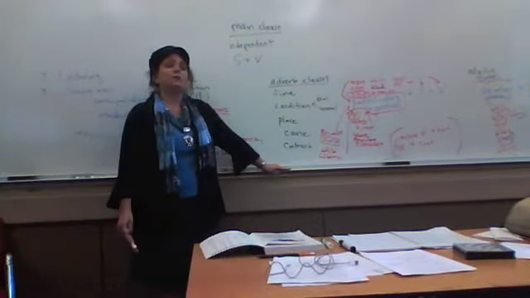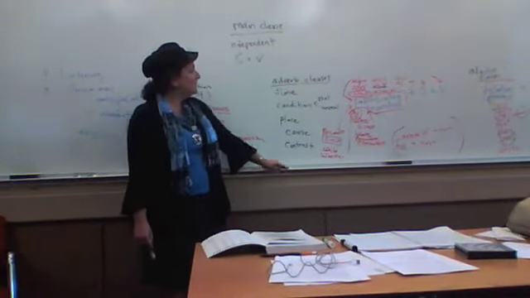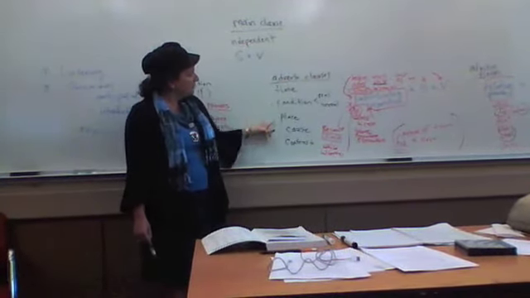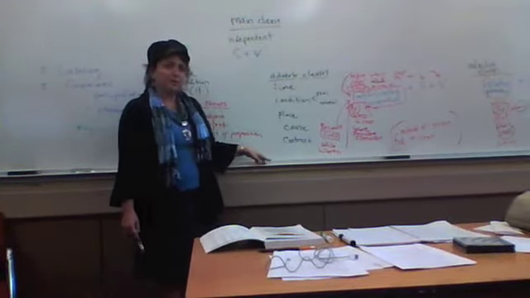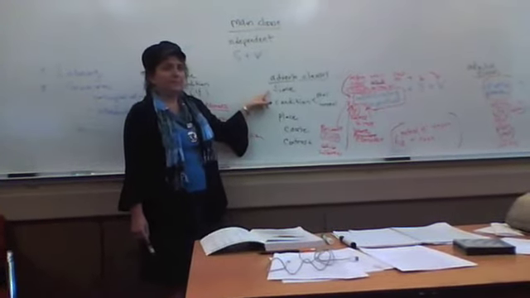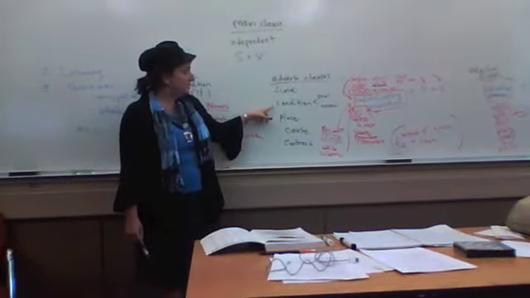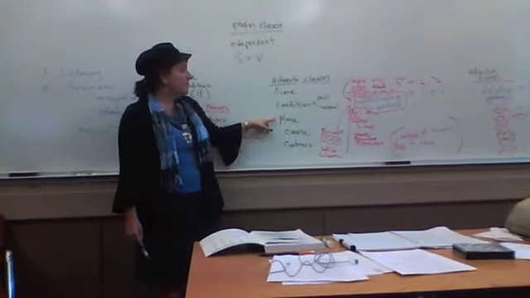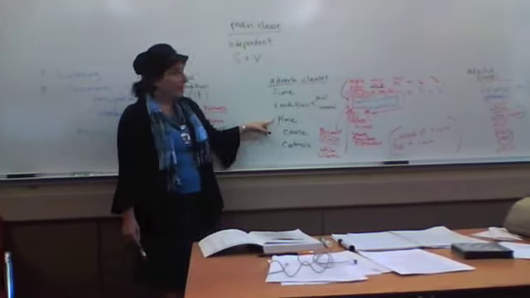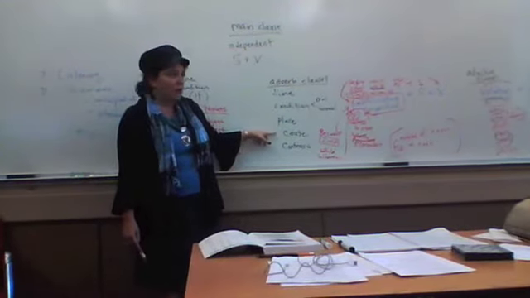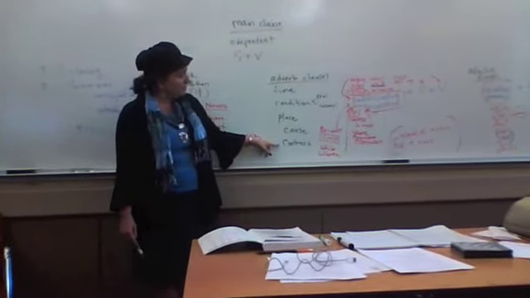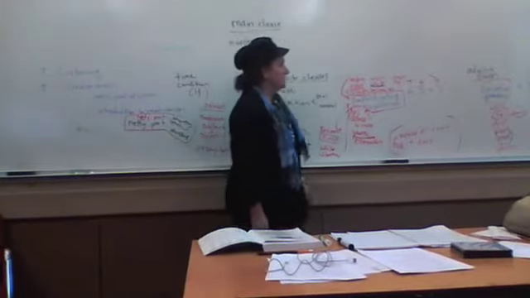This will come later in the course. What you need to know, though, is that there are different kinds of adverb clauses: adverb clauses of time, condition, place, cause, and contrast.